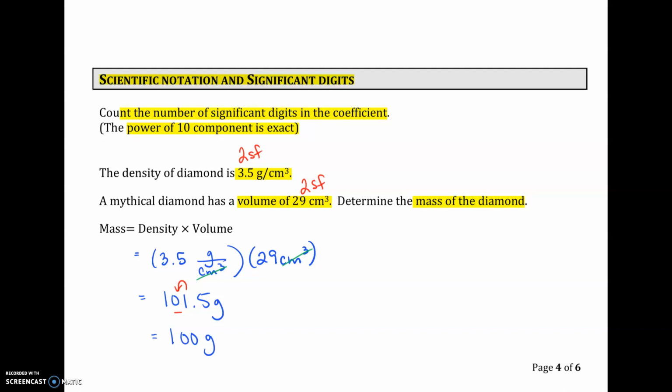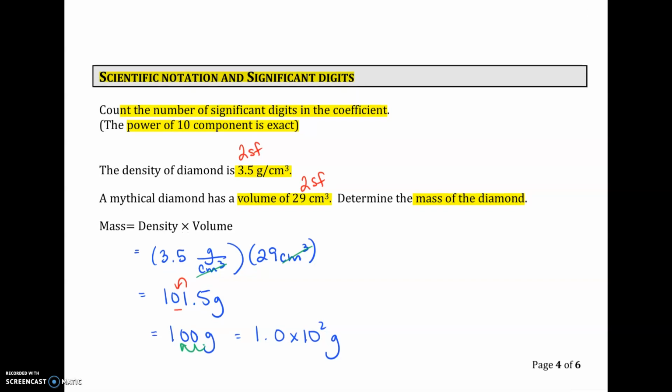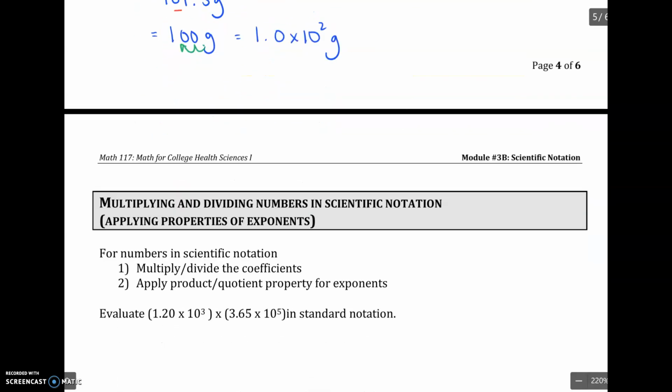So once again, remember, you place a decimal at the end and then move it in as many places till you get a number between 1 and 10. So this would be, as a final answer in scientific notation, 1.0 times 10 to the 2 grams. And so 2 sig figs in my final answer. That's 2 sig figs, 1.0 for the coefficient.